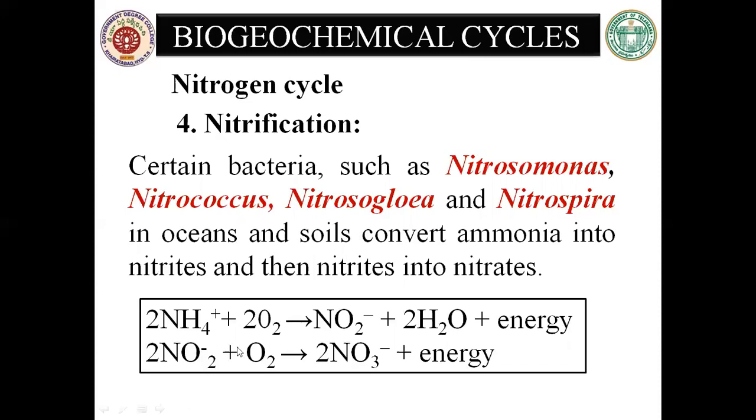In this reaction, ammonia in the presence of oxygen is converted into nitrites and energy, and these nitrites are then converted into nitrates. Some nitrates are also made available through weathering of nitrate containing rocks.